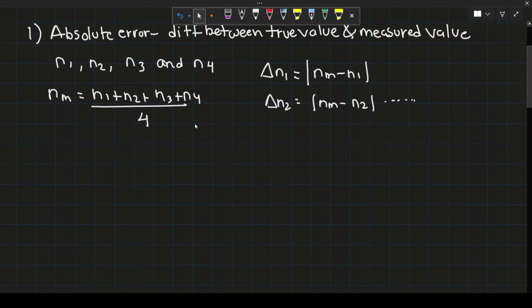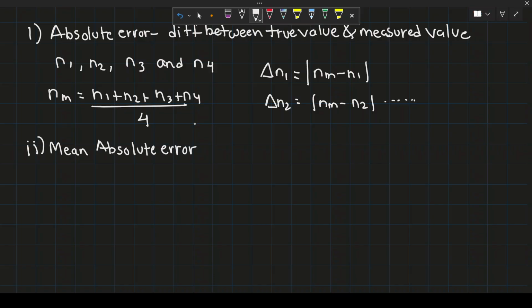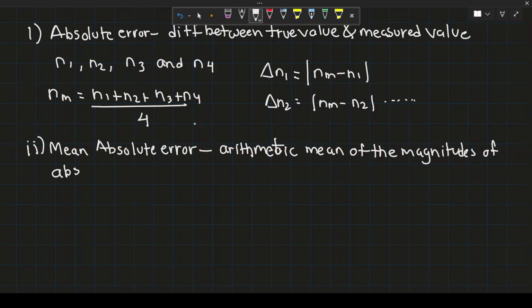Moving to the next error, which is your mean absolute error. Mean absolute error is basically the arithmetic mean of the magnitudes of the absolute errors.